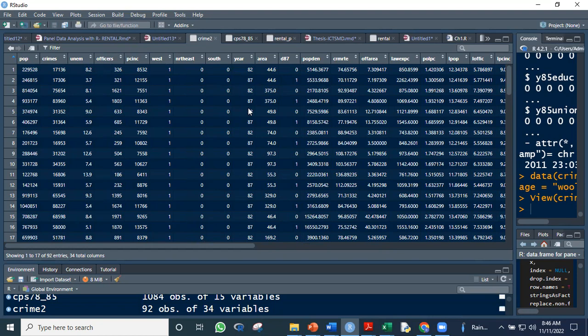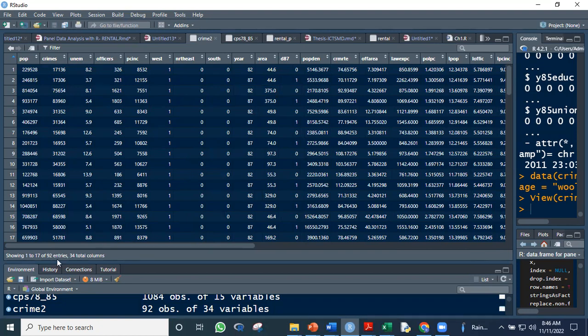Pero wala tayong ID dito na city 1, city 2. So these are data about the crime rates in a particular city in 1982 and 1987. So definitely this refers to city 1, 82 and 87. And then this refers to city 2, 82 and 87.